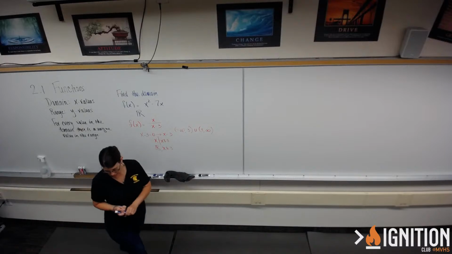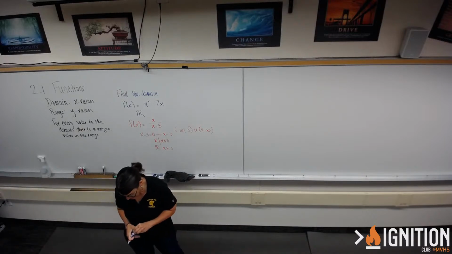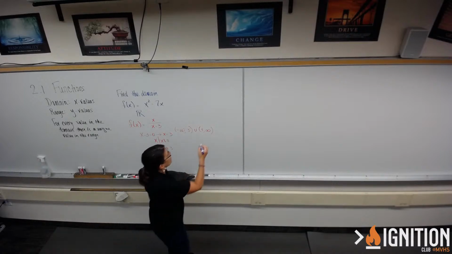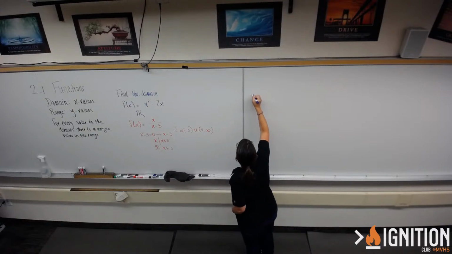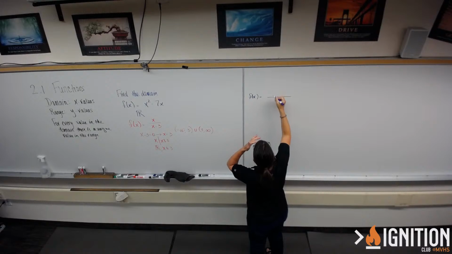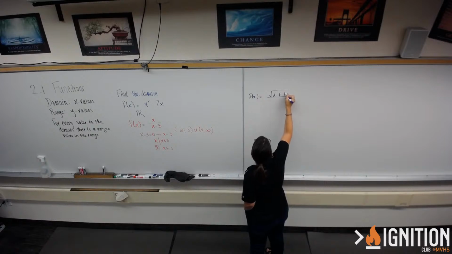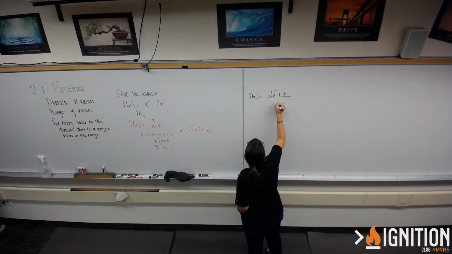Okay, so let's do something like, let's find the domain of, oh, I like this one. Again, let's find the domain of, how about the square root of d plus 4 over d minus 7.